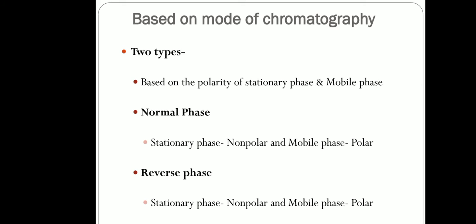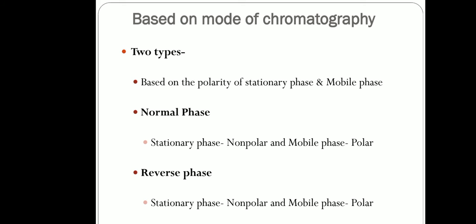So these are the three types of classification of chromatography. First one is based upon the principle of separation as adsorption and partition chromatography. Adsorption is based upon relative affinity and partition is based upon the partition coefficient. Second is based upon the nature of stationary phase and mobile phase as gas solid, gas liquid, solid liquid and liquid liquid.